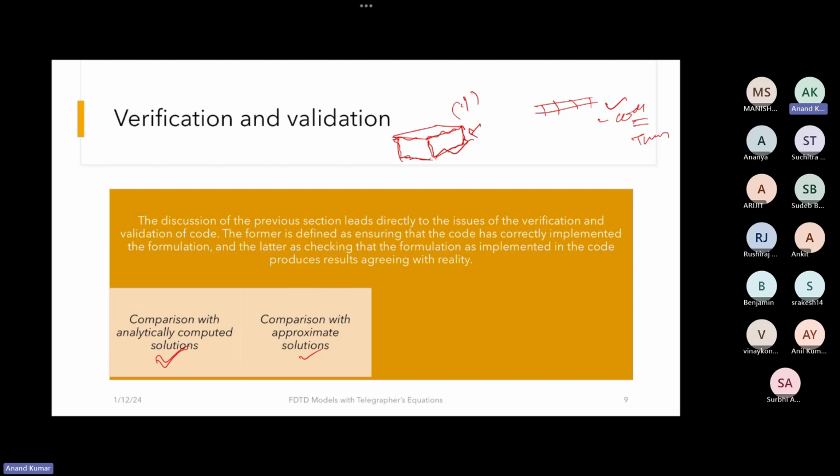What you can do is simulate the square with rougher edges using your FDTD, for example, and find out the analytical solution for the square, and from your observation you can tell how the waves will be affected by these approximations. So you can compare the results from a perfect square which you calculated analytically and the rougher square using your code. And if there is some correlation, then you can say that the code is working okay.